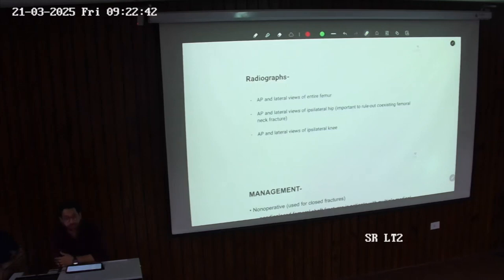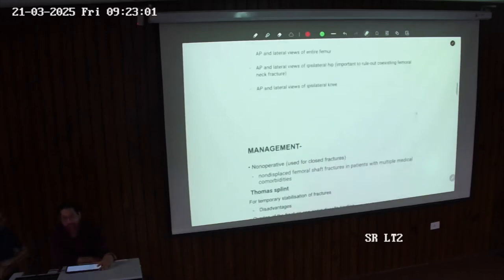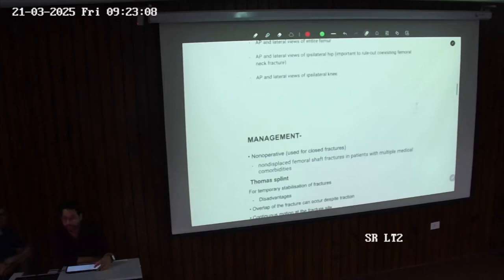So AP and lateral view of the same hip. We get the hip X-ray, either as a PBH, pelvis with both hips, in AP view. Along with that, the same side X-rays are done in shaft of femur fracture, that is the AP and the lateral view. We always consider during X-rays a joint above and a joint below. So in this case, we can also get a knee X-ray.